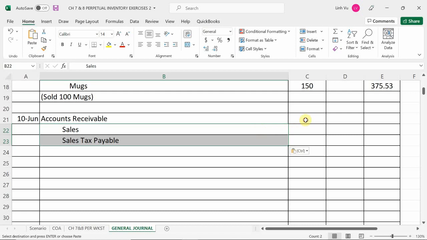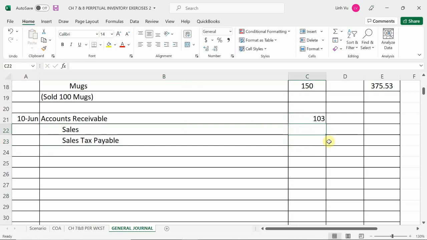Okay. So again, this is account receivables 103, 401, and 230.